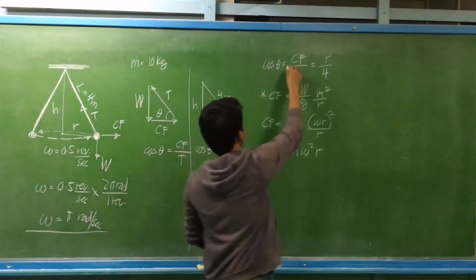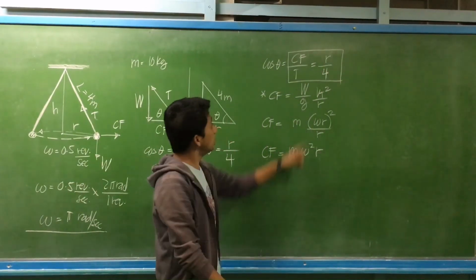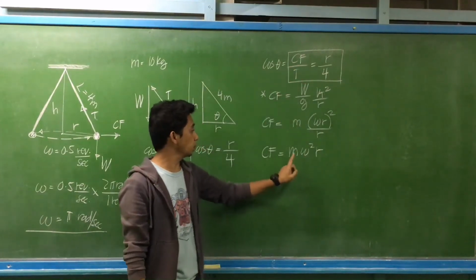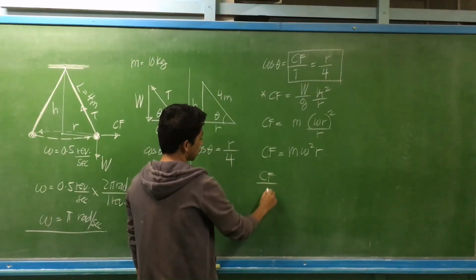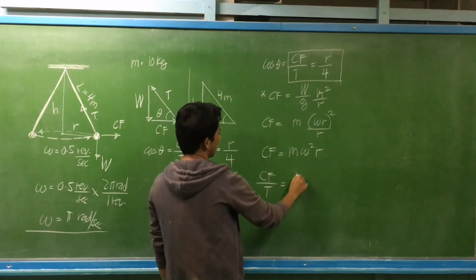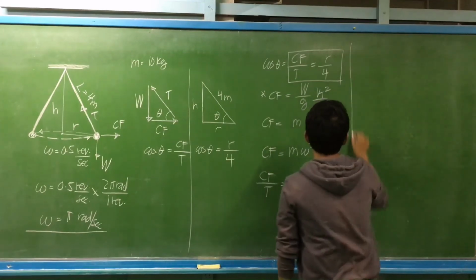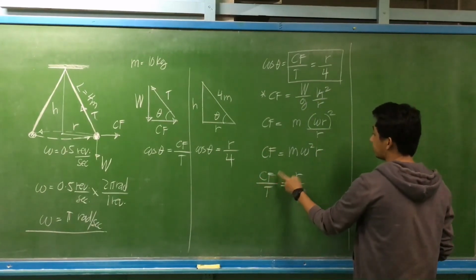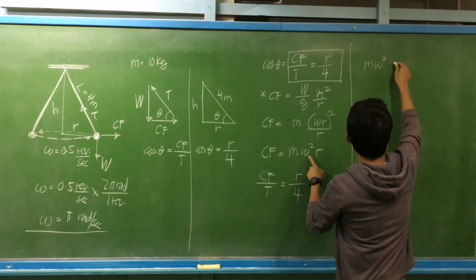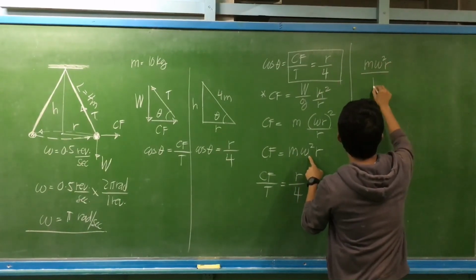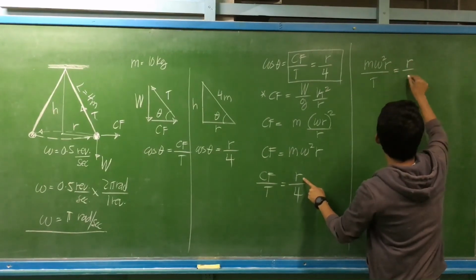Then we use these terms. Centrifugal force over tension is equal to R over 4. Substituting the equivalent of centrifugal force, we have mass times angular velocity squared times the radius, divided by the tension, equal to R, the radius, over 4.